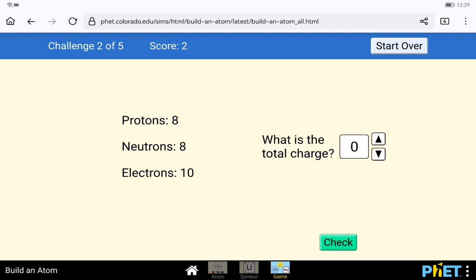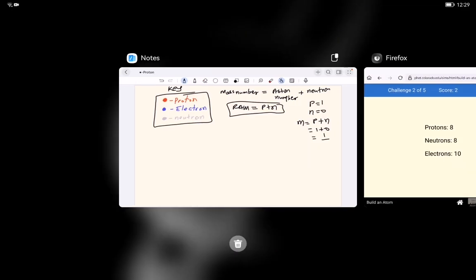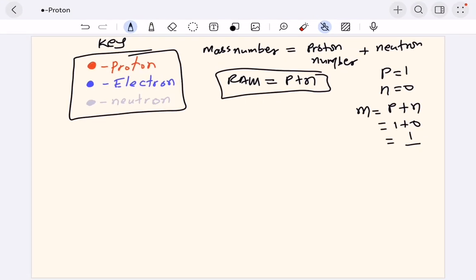Then we have another question here. What is the total charge? For charge, we established that in an atom the proton number is always equal to the electron number. Every time we're dealing with an ion, the proton number is not equal to the electron number.